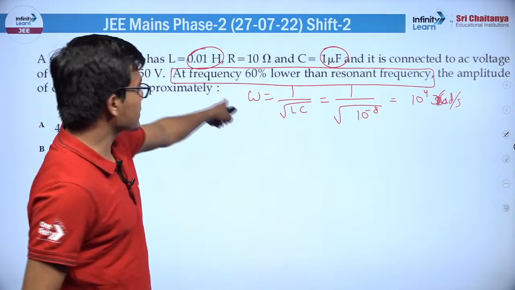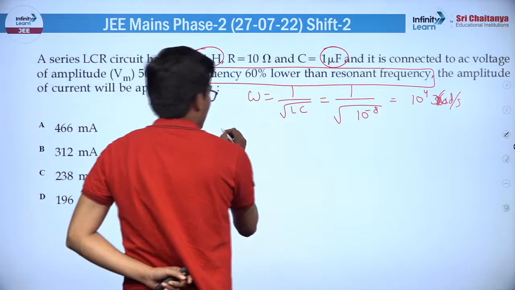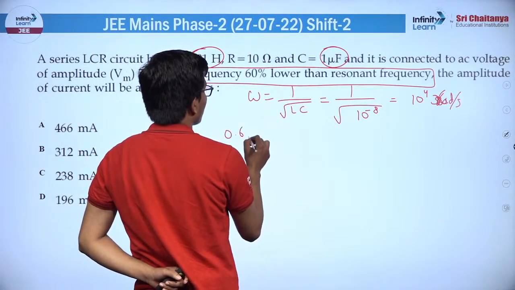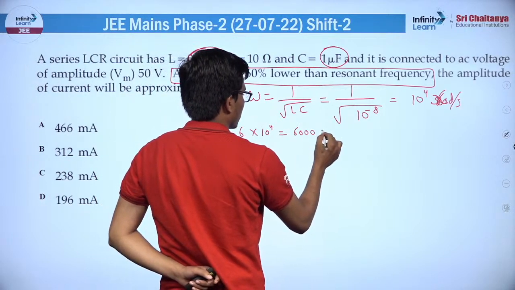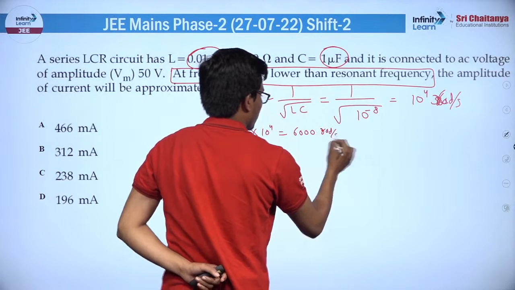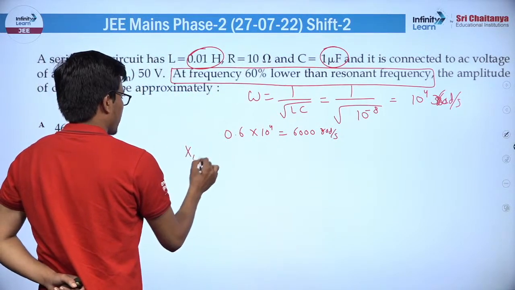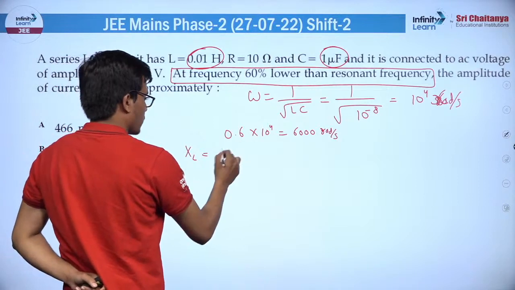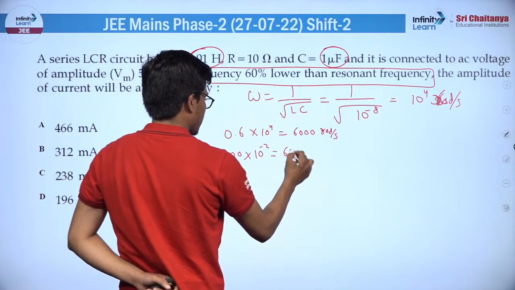So I want 60% of this, okay, 60% of this one. So 60% of this means 0.6 into 10 to the power 4, means 6000 radian per second is my frequency. Okay. So what I have to do is find new XL, that is omega into L, that is 60 ohm.